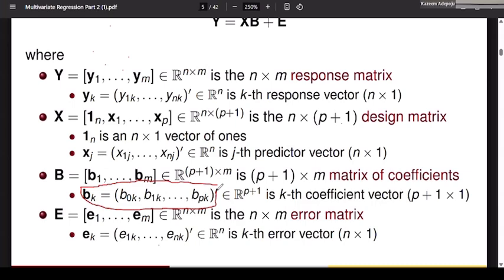Don't forget, because multiple dependent variables are involved, we expect multiple slopes, and not only multiple slopes, but multiple intercepts. And this is the error now.